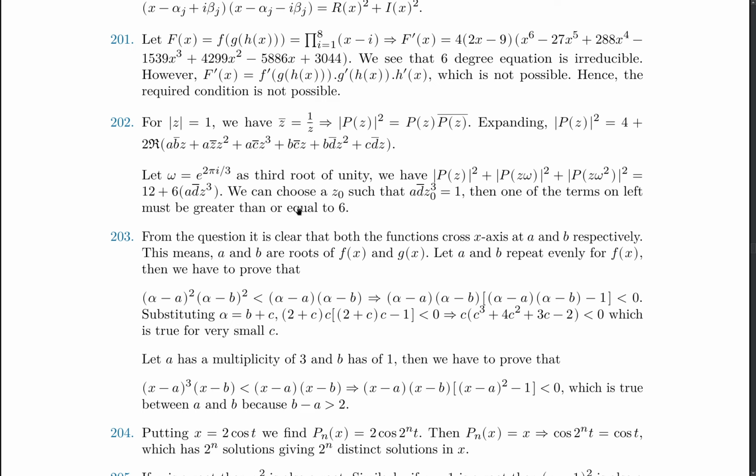So why should this be greater than or equal to 6? You see, if this is 1, then it becomes 6 plus 12, 18. So suppose there are three numbers such that x square plus y square plus z square is equal to 18.